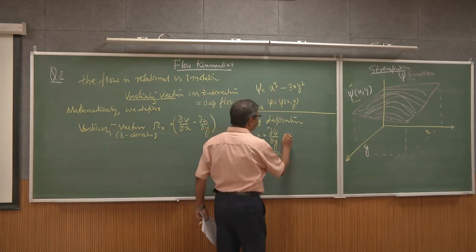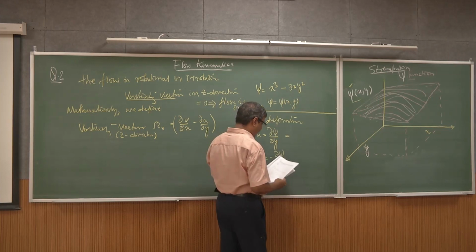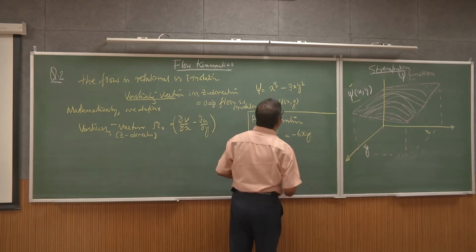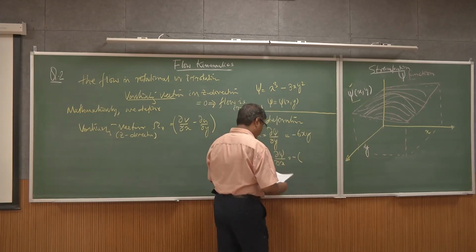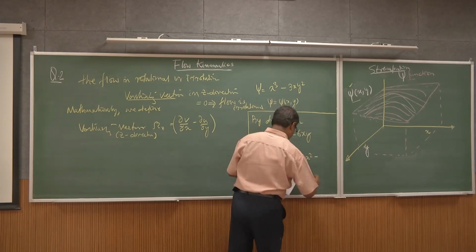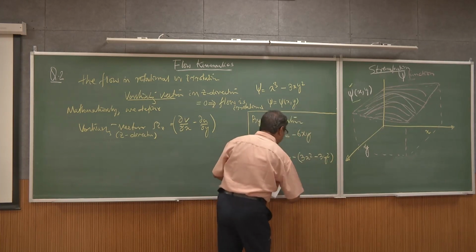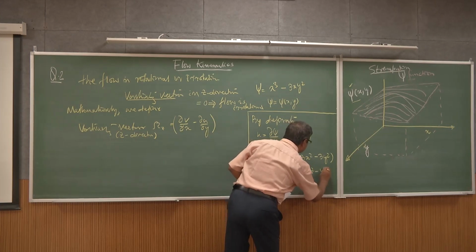By substituting the stream function, we get u equal to minus 6xy, and v equal to minus of 3x squared minus 3y squared, which comes out to be minus 3 times x squared minus y squared.